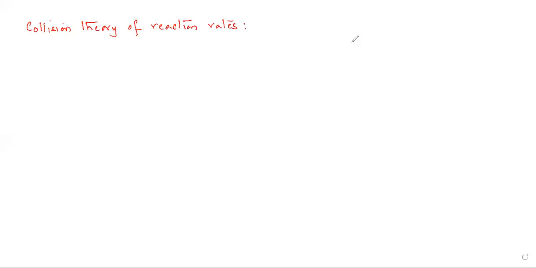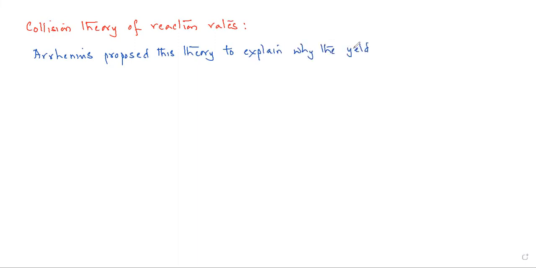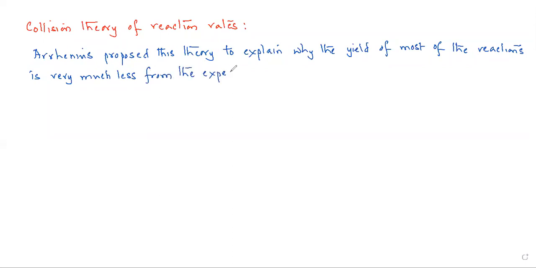See, it was proposed by Arrhenius actually to explain why the yield of most of the reactions is very much less than the expected one.